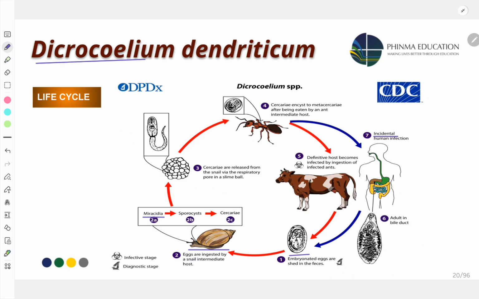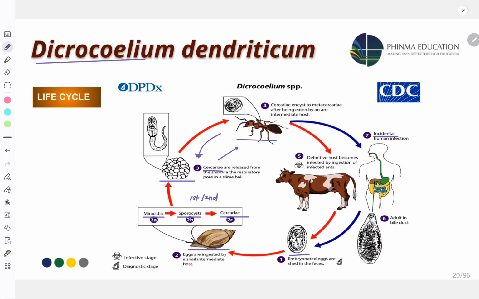So the Miracidia will hatch within the snail, and then after that, first and second generation sporocyst, and then Cercariae. The Cercariae will be coughed up by the snail ball.